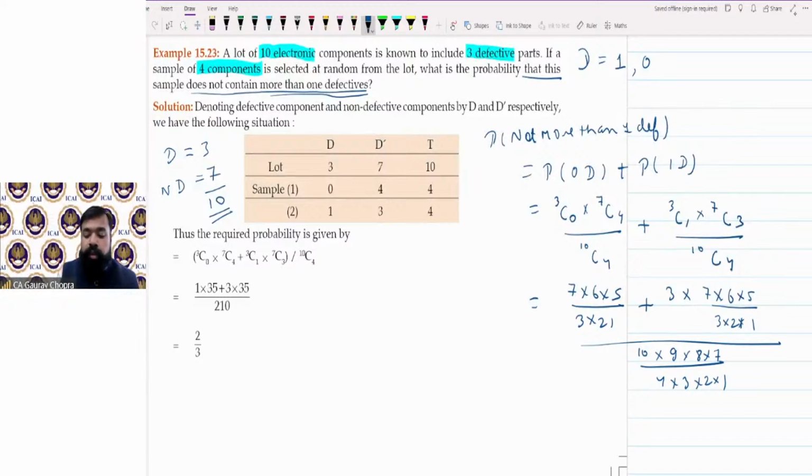Okay, so let us simplify this. 6 is getting cancelled. Here also 6 is getting cancelled. So 35 plus 3 into 35 upon 210. So the final answer is 2 by 3. So whenever we have to select more than one thing, then combination is used. Okay.